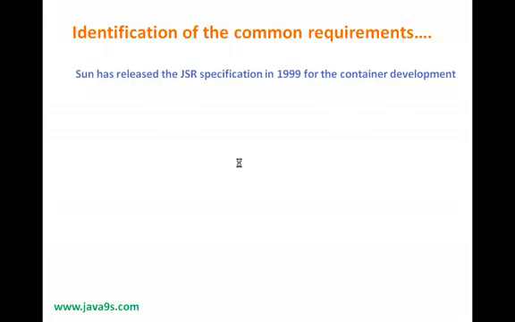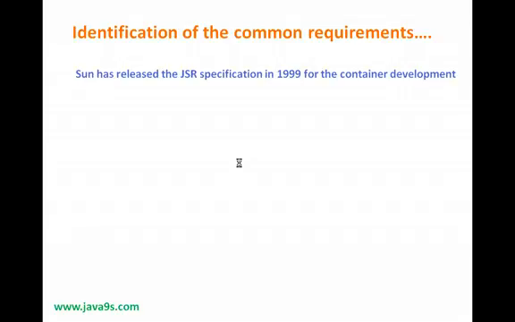Sun Microsystems identified this common requirement and introduced a JSR in 1999 to standardize the development of containers, which have this kind of infrastructure code to support the enterprise applications that run in the client and server environment.